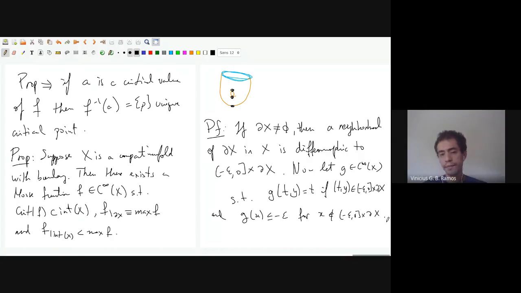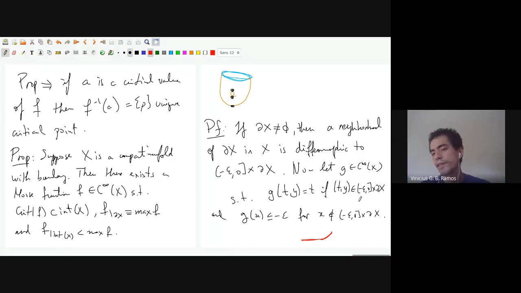Okay, if I just make it constant equal to minus epsilon, it's not going to be smooth. But what you have is this collar neighborhood where the function is linear. And then in a tiny little extra neighborhood, you can make it kind of go like this, and then it's constant outside this tiny neighborhood. You can write this down if you want.